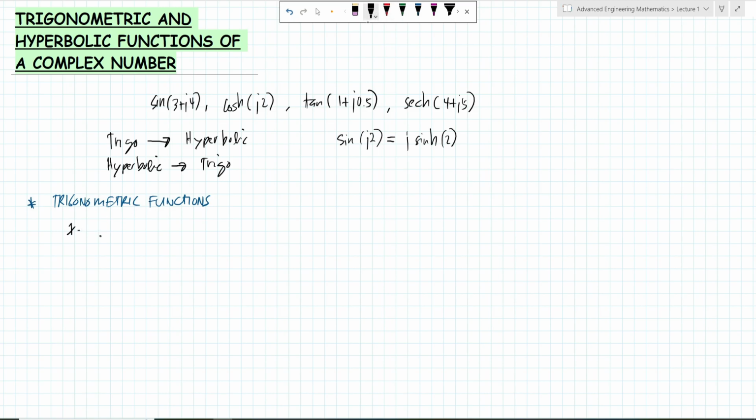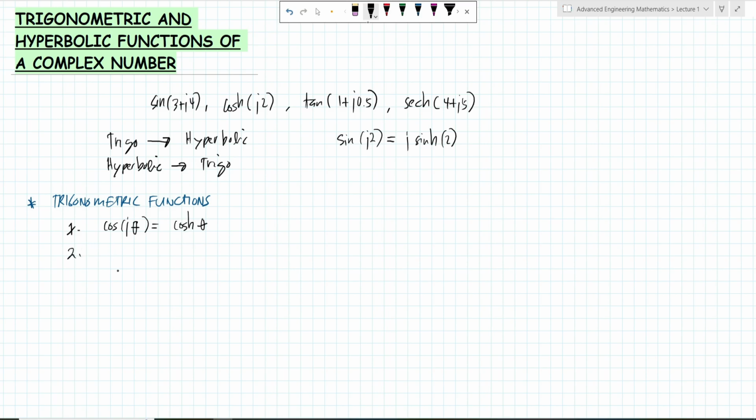Number 1: the cosine of j theta is written as the cosine hyperbolic of theta. If you have difficulty writing theta, you can replace it with x, let's say jx, but since this is an angle, we use theta.